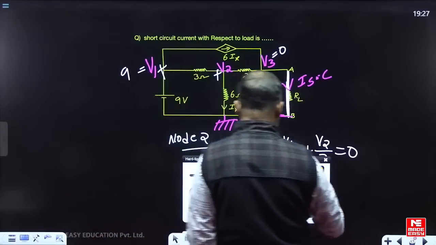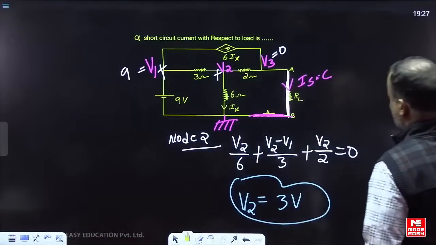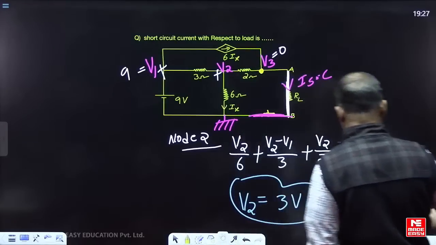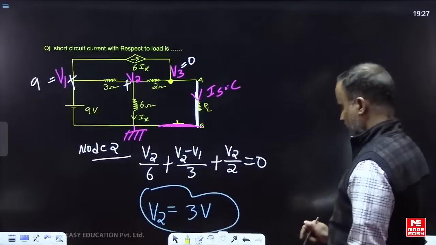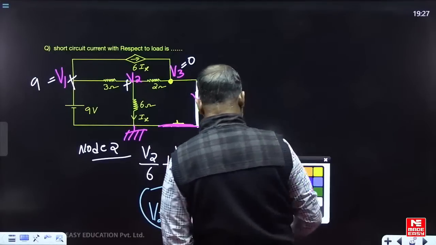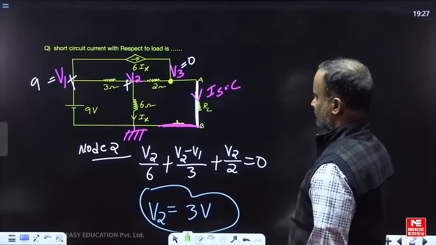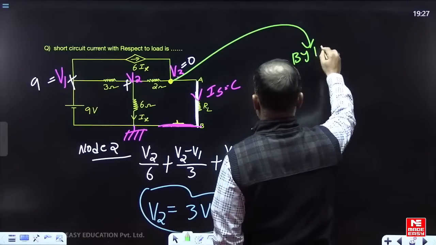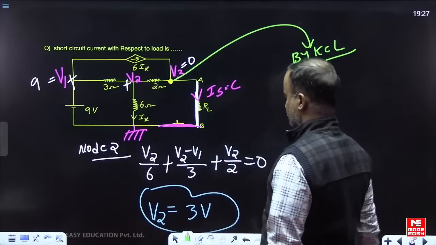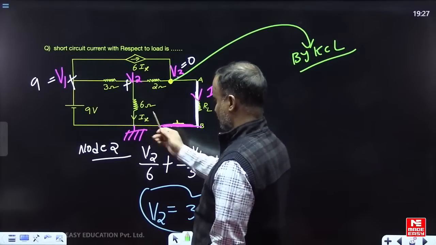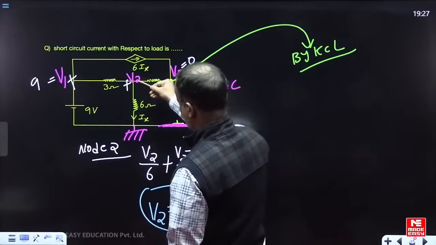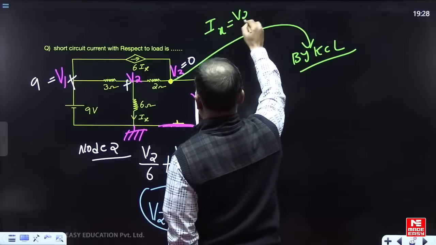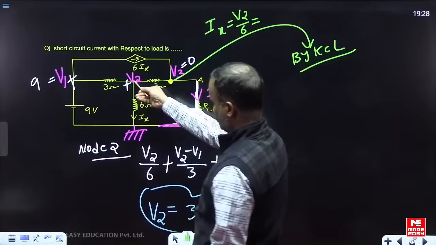Now finally, what is our target? We need the short circuit current. To find the short circuit current, can you go for KCL at this point? If you apply the KCL at this point, first we find IX. IX equals V2 by 6, because IX is given in this branch.